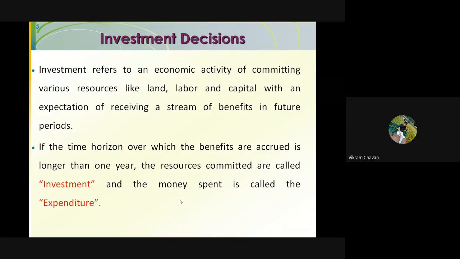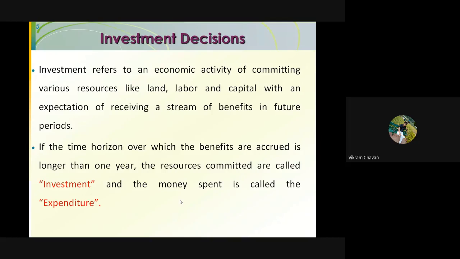What is the ultimate goal of the firm or industry? The ultimate goal is to receive a stream of benefits in the future, to receive extra benefit from that investment. That is the ultimate goal for the investment for firms.